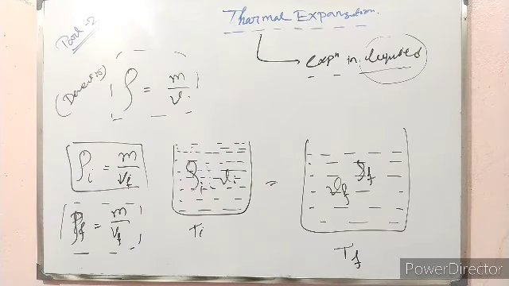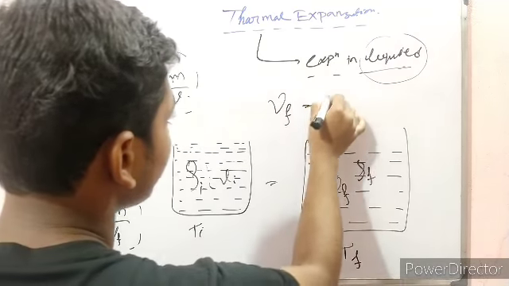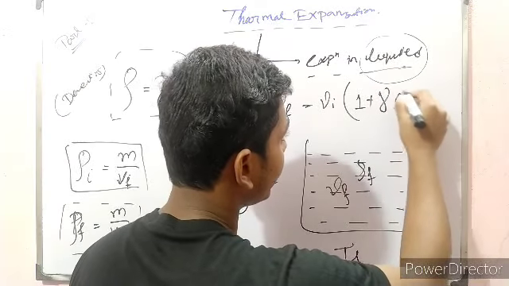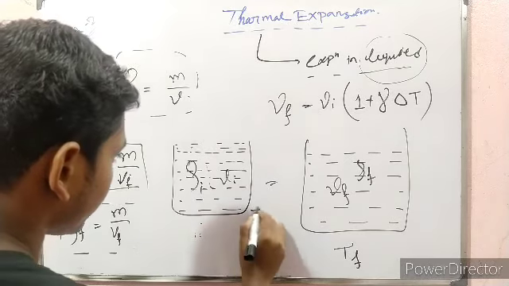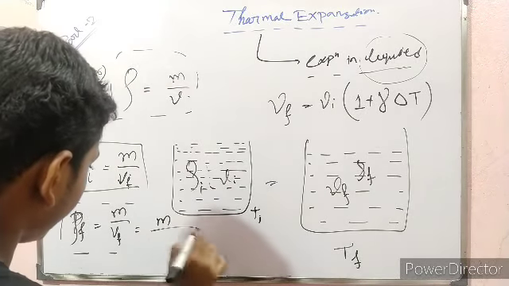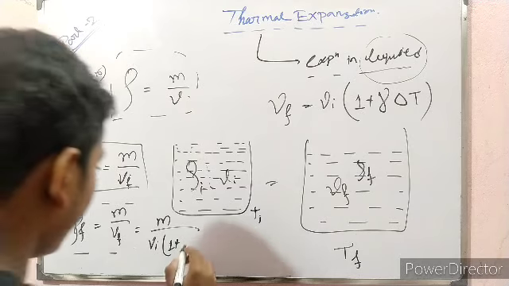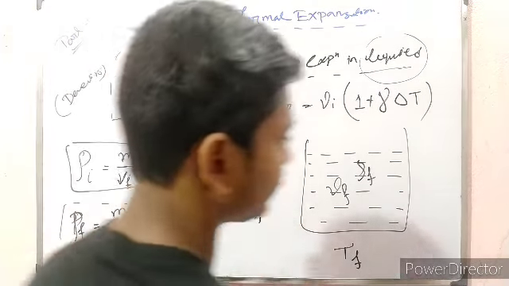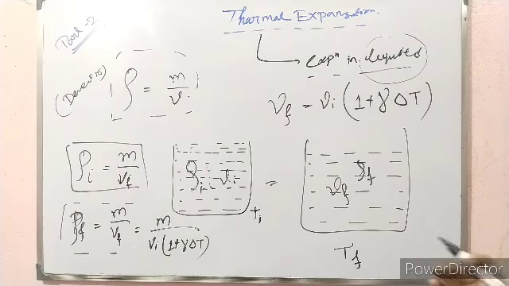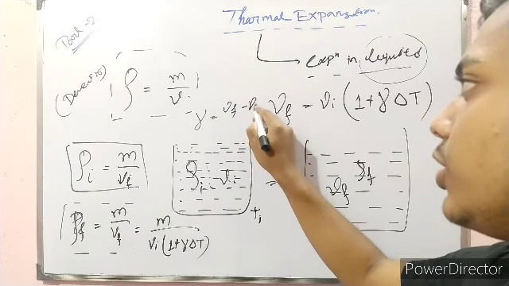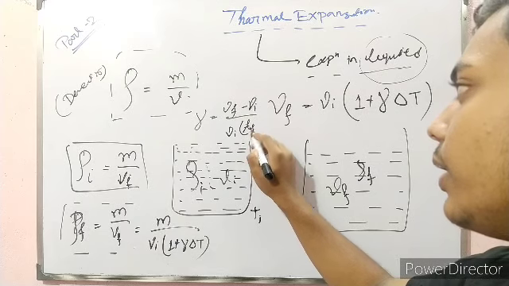Now, I already have V final, right? V final is equal to V initial into 1 plus gamma delta T. So I will put it here: M by V initial into 1 plus gamma delta T. I write this because in volumetric expansion gamma is equal to V final minus V initial by V initial into T final minus T initial.